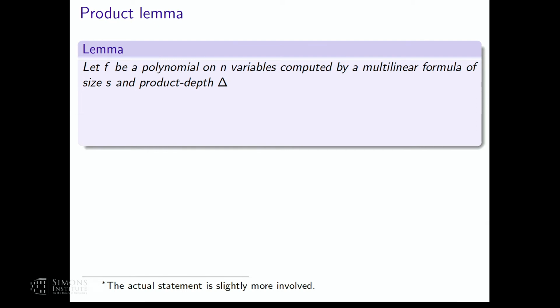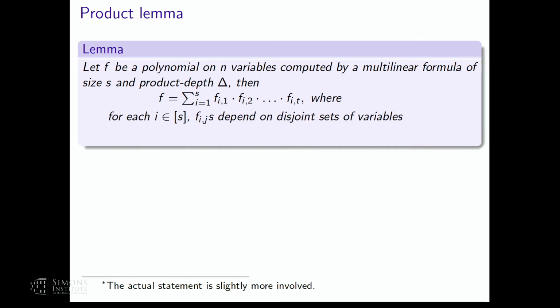So the structural lemma about multilinear formulas is: let F be a polynomial on n variables computed by a multilinear formula of size S and product depth delta. Then it can be written as follows. F is a sum of S many things, where each thing inside it is a product of polynomials, where the only structural property that these F_i's must have is that they depend on disjoint sets of variables.